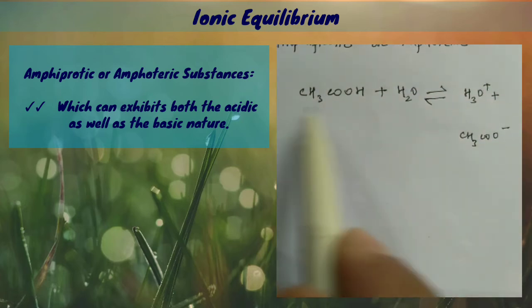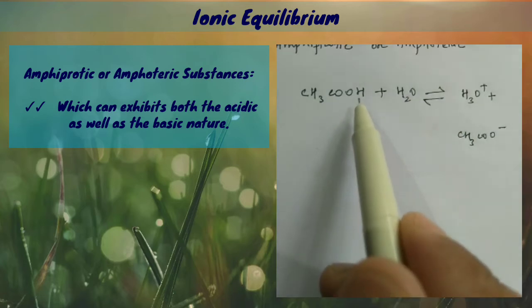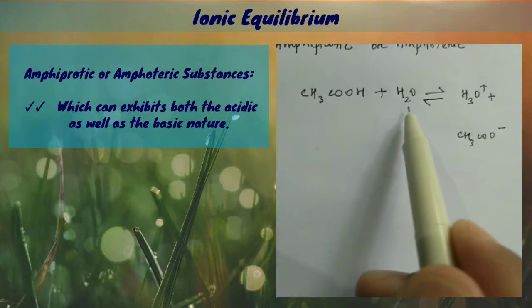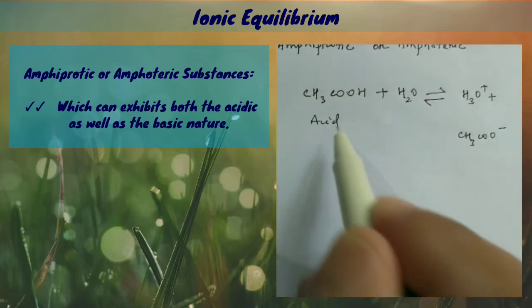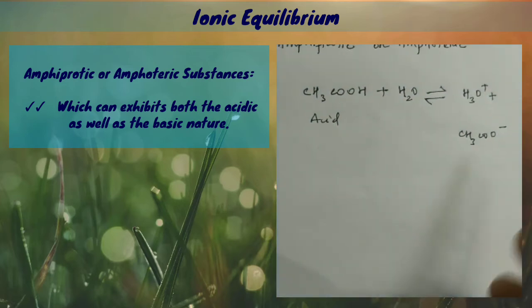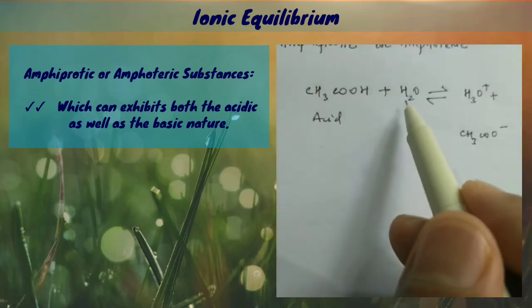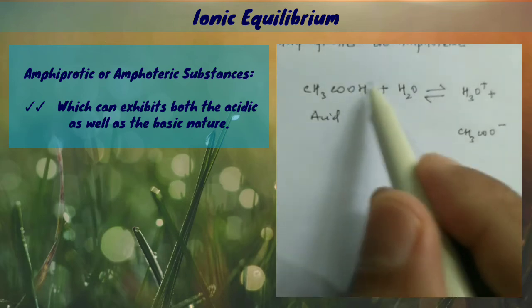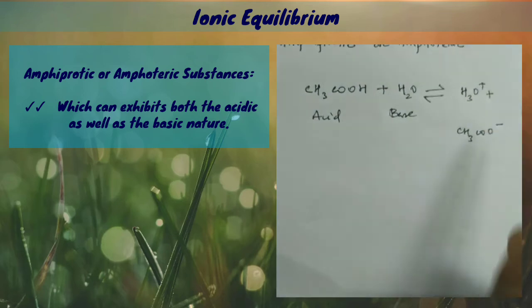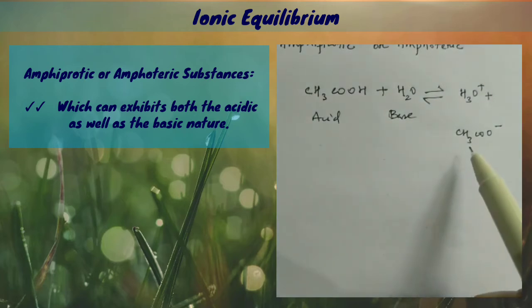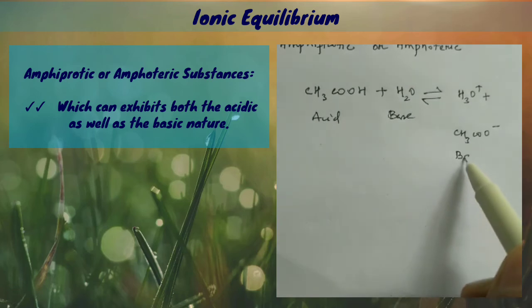Here, since this substance can donate an H positive ion to the other substance, this will act as a what? Acid. And here this will act as a what? Base, because it can accept the proton from this acid, so it will act as a base. Again, if you consider here, this has the tendency to accept a proton, so it will act as a base.